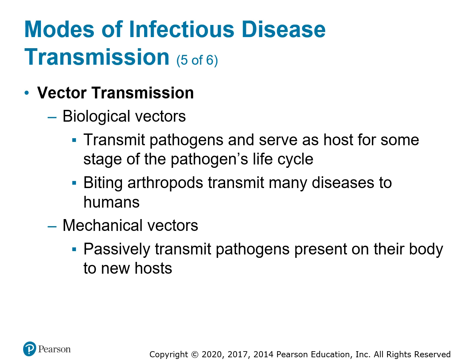Flies are examples of mechanical vectors. They land on things out there that you don't want them to land on, and then they go land on your food, right? And so they are mechanically passing the pathogen over to you.